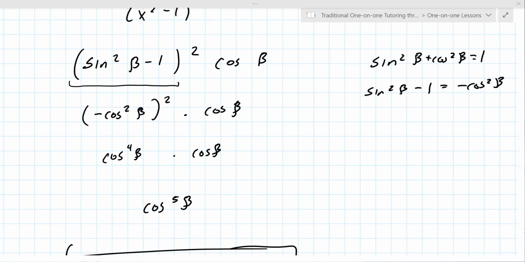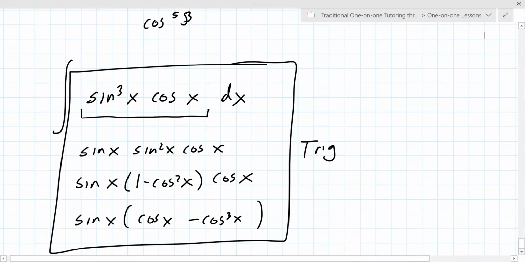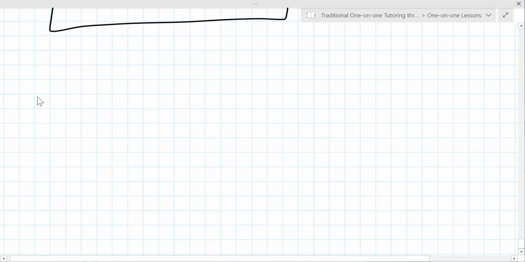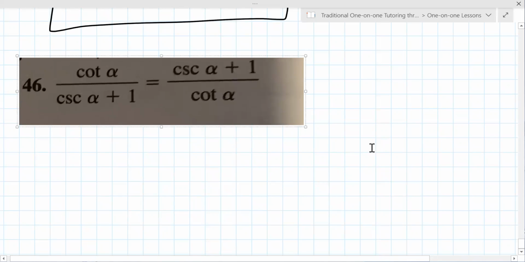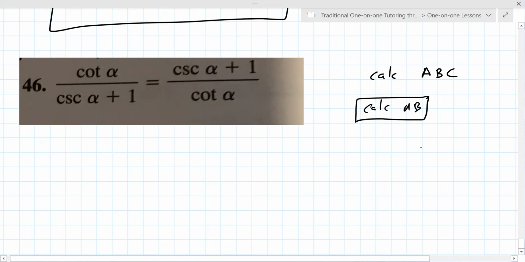You won't see it in calculus 1, but you will see it in calculus 2 or calculus BC if you take it in high school. Is it calculus AB, BC? Is that how they do it? So for some reason, high schools say calculus AB, that's your first class, and then calculus BC, and there's this overlap.